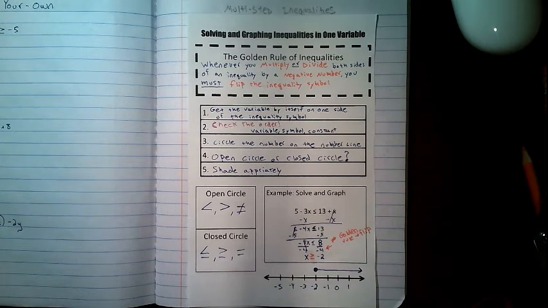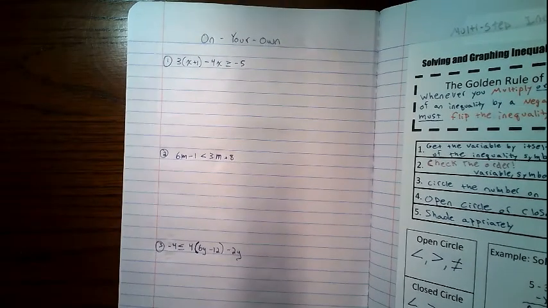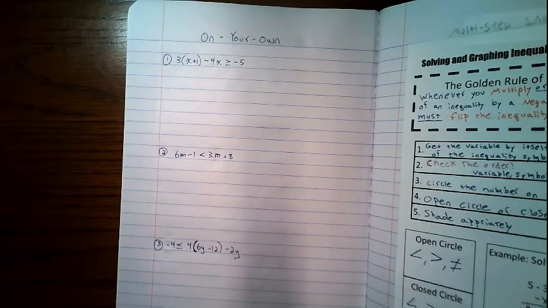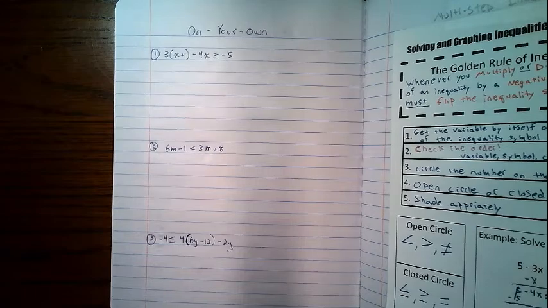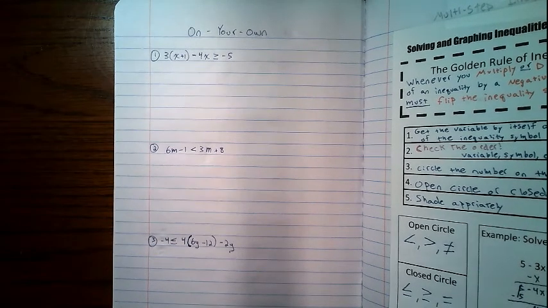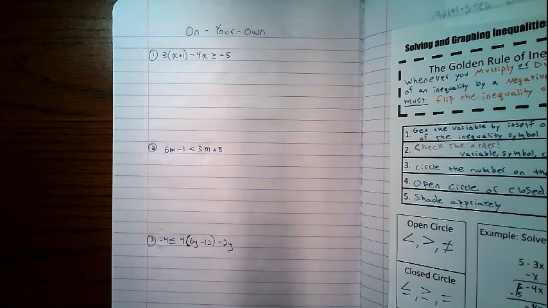After you tape that one in on the sides and on the top, or top and bottom, you are going to do these 3 on your own problems and have your teacher check them for you. So I'll read them out to you. That's 3 times the quantity x plus 1 minus 4x is greater than or equal to -5.